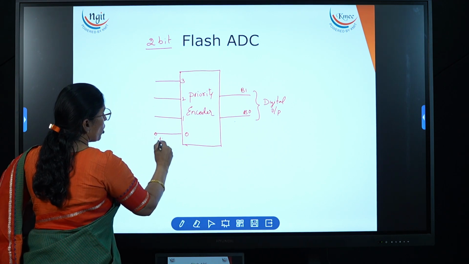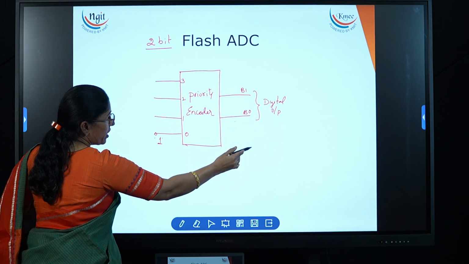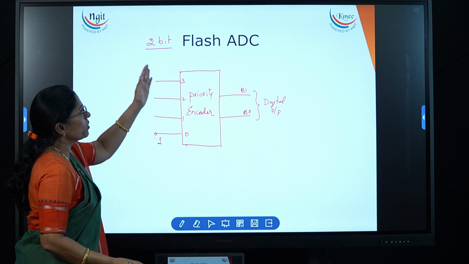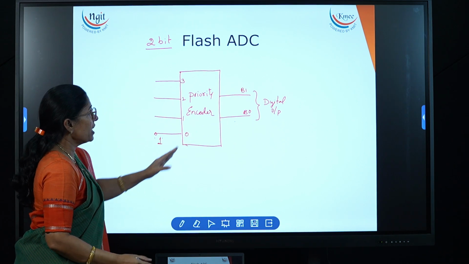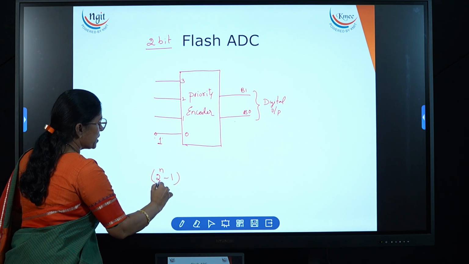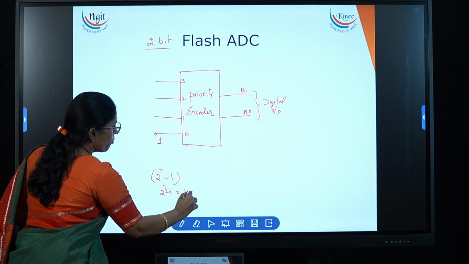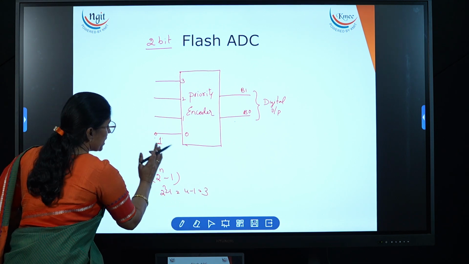If I am representing the analog input with 2 binary values, then I need 2 to the power of n minus 1 comparators. If n is 2, 2 to the power of 2 minus 1, so 4 minus 1 is 3 comparators I need at the input.